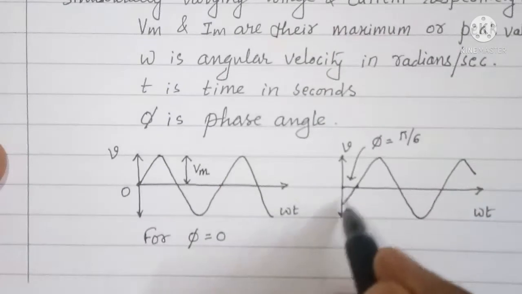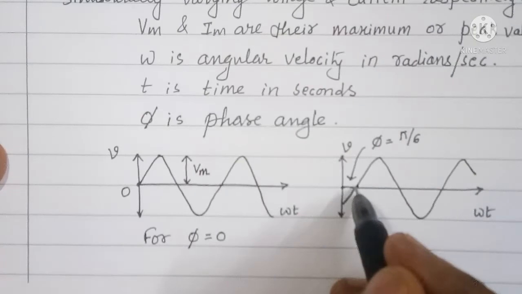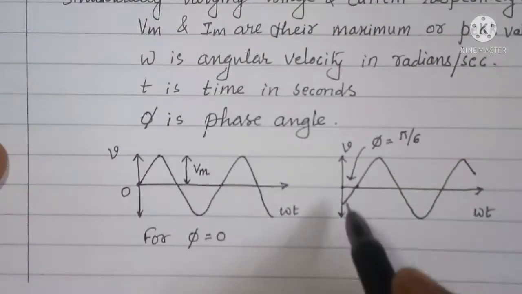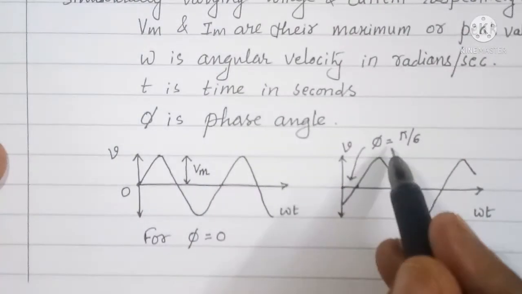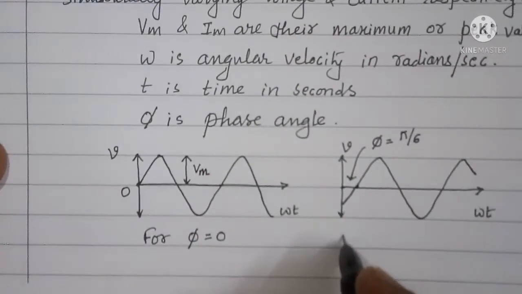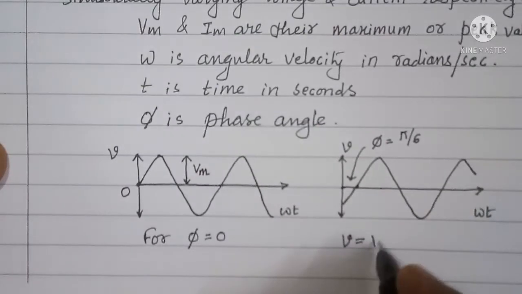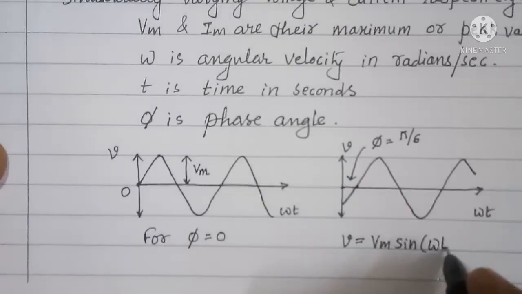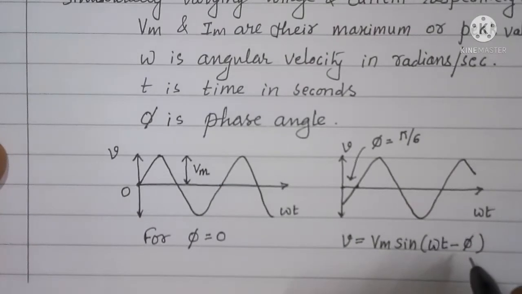So this gap here is nothing but phi on the omega t axis. If voltage waveform starts phi radians late, voltage expression will become V equal to Vm sine of omega t minus phi. In this case, you can take phi as pi by 6 radians.